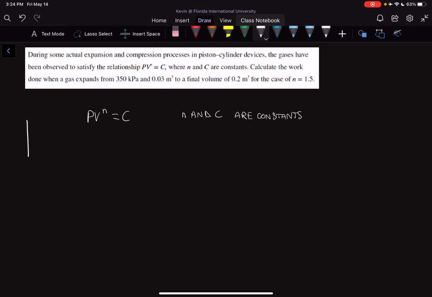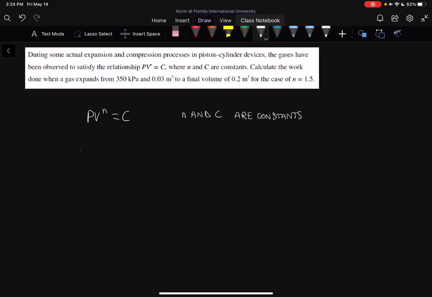And based on this, it says to calculate the work done when a gas expands from 350 kilopascals and 0.03 meters cubed to a final volume of 0.2 meters cubed, for a case where N is equal to 1.5.